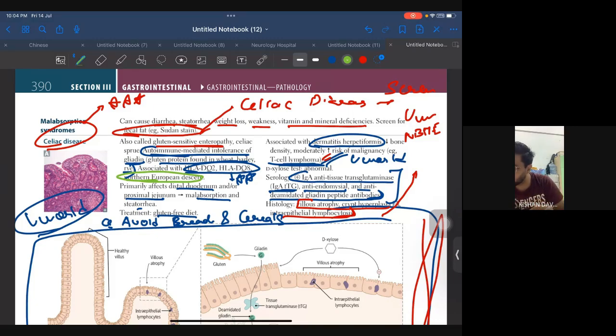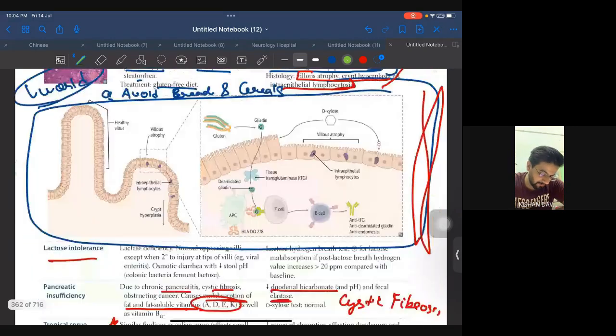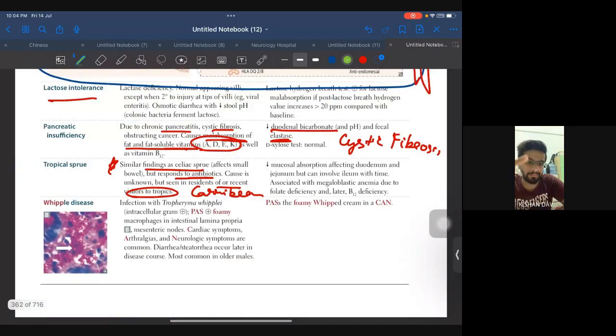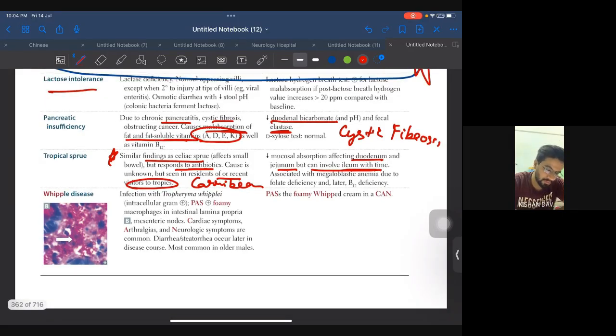You need to remember, and that's it for tropical sprue. They will give you Caribbean only. Caribbean is what they will most frequently give you. Another difference here is that it can involve the ileum with time, affecting the duodenum and jejunum, but can involve the ileum, whereas celiac disease won't involve the ileum. So this is how you will make the differences. Mostly they won't ask tropical sprue also.